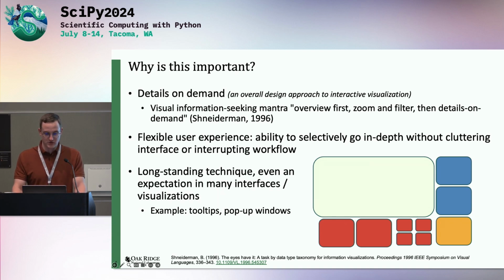Zoom in and filter to what seems the most interesting from that view, and then from there you can dive into the details that you're most interested in. What this allows for is a flexible user experience. What I have written here is a description for that: the ability to selectively go in depth without cluttering the interface or interrupting the workflow.